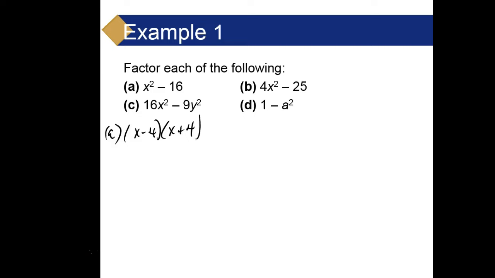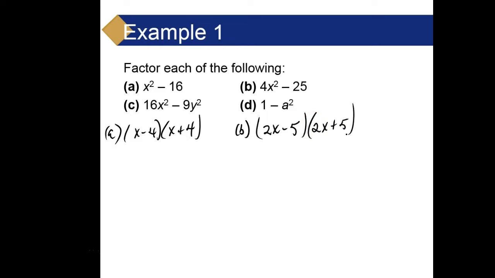Okay, let's go to the B one. What would the B one be? Can that be done? How? It's what? A little louder? 2x minus 5. See, you started a trend here. Times 2x plus 5.